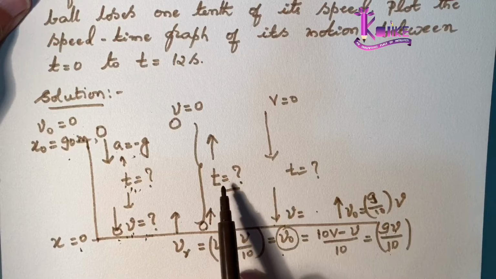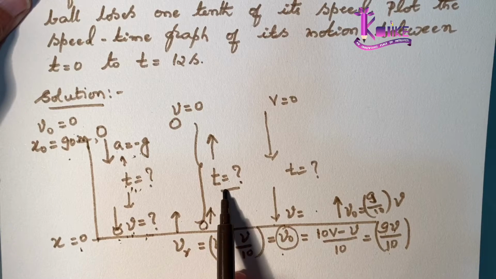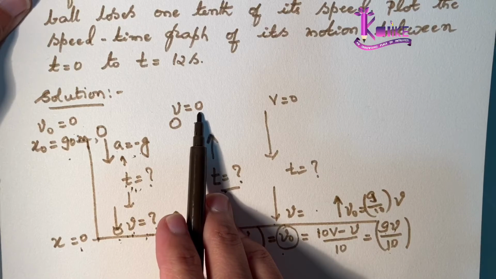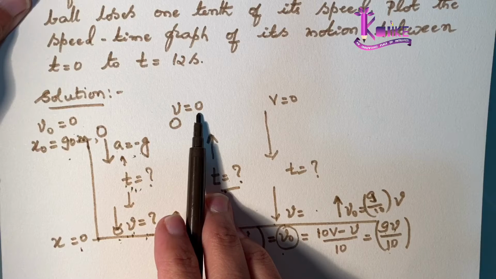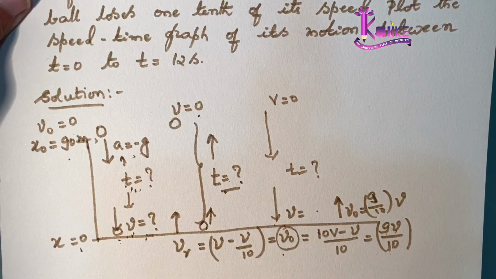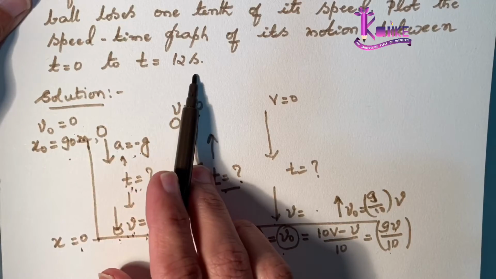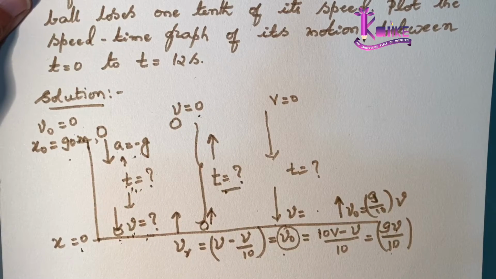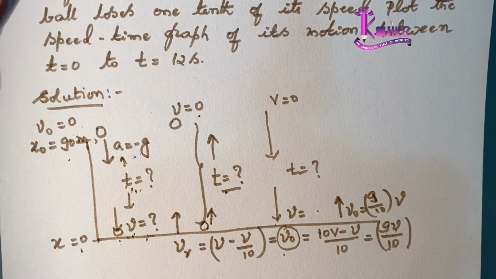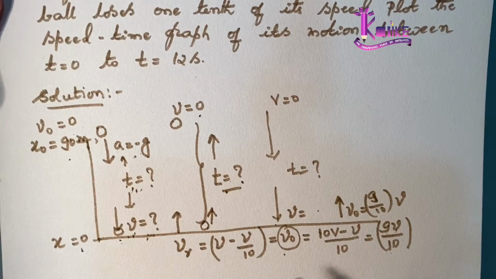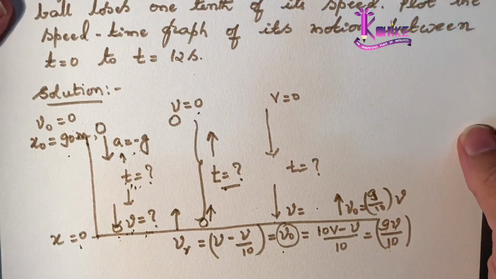And further, using that information, you can calculate the time, because then you will know what is the velocity at the maximum height position. So on and so forth, you can calculate it from 0 to 12 seconds, and you can draw a graph between speed and time. But there's a lot of calculation involved, so be prepared for it.